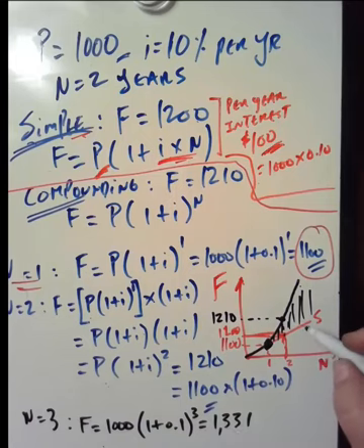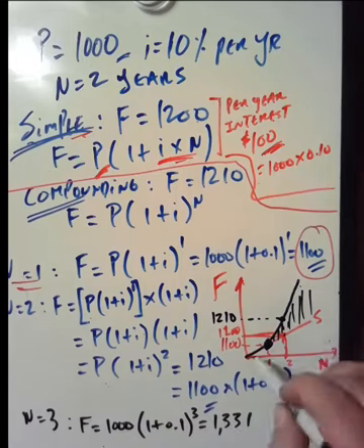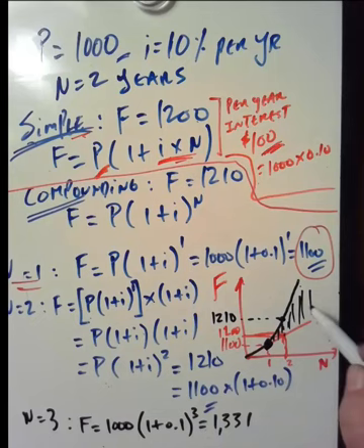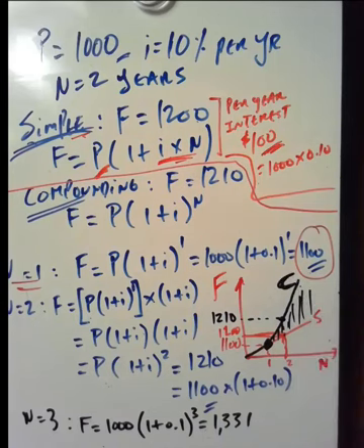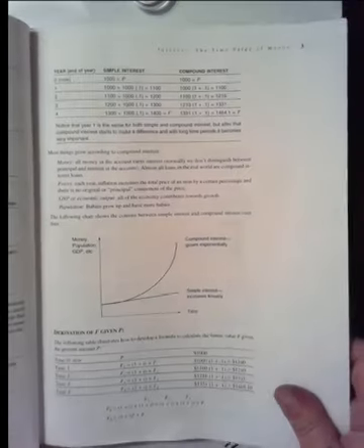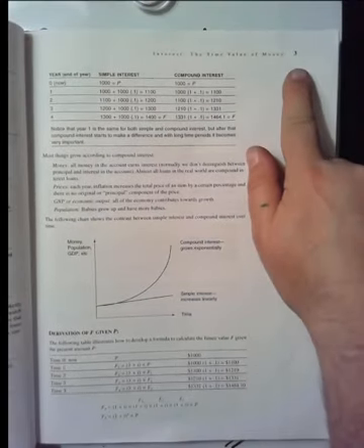So at year 3 we'll have $1,300 if we follow the simple interest method, whereas in the compounding interest method we would have 1,331. This idea is illustrated in your textbook and explained in other words on page 3.